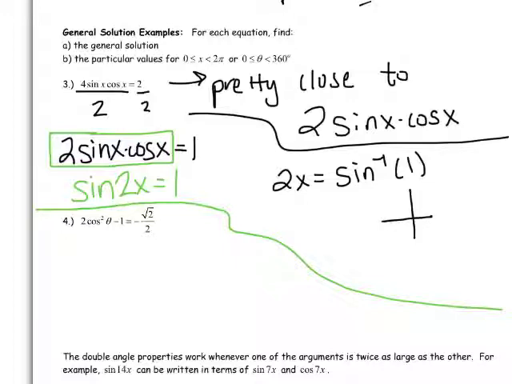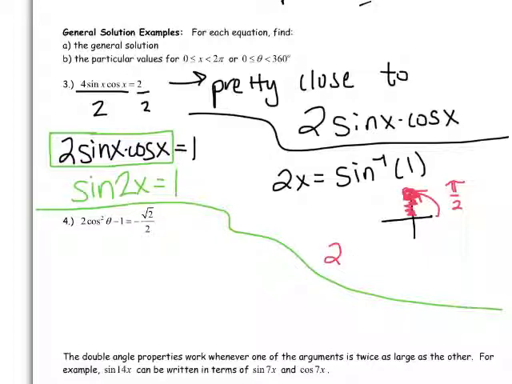But does it happen at all? Is your opposite 1 and your hypotenuse 1 somewhere on the unit circle? Yes, it is. It's up here on the y-axis, which is the 90-degree angle, or pi over 2 radians. Does it happen anywhere else? Remember, general solutions usually have 2 answers. But for the axes, we were kind of special sometimes because we only got that 1 answer. So this is one of those times that you only have the 1 answer, even though it is sine.